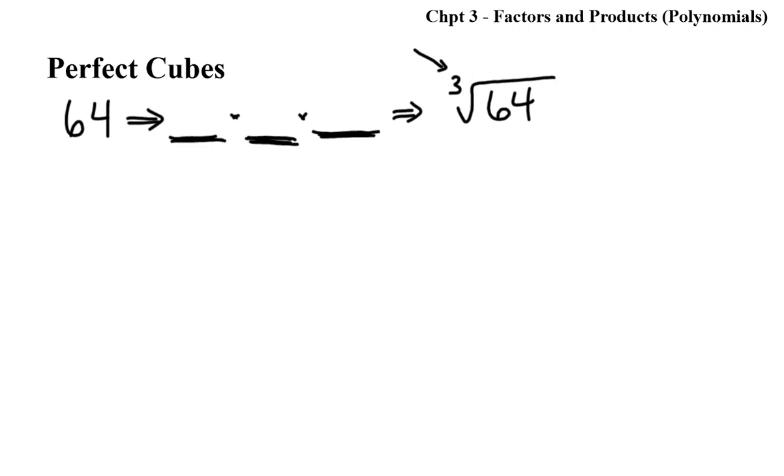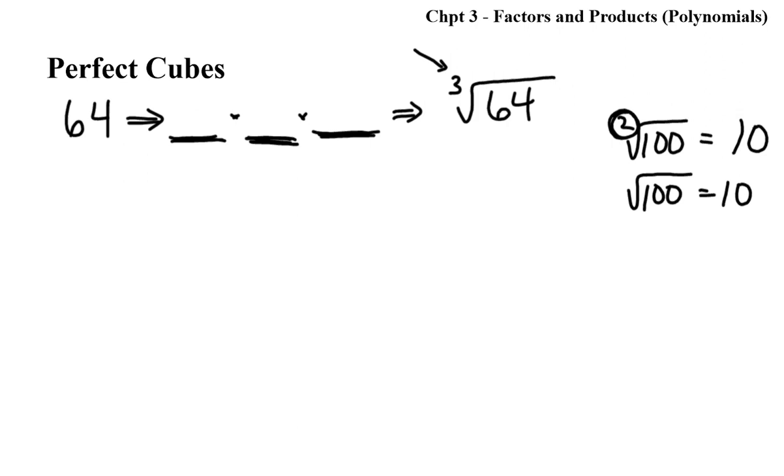A little bit different. When we have square roots of things, if I want the square root of 100, what times itself equals 100? Well, that's 10. The 2, we don't put that little 2 out front. It's just assumed to be there for square roots. But any other kind of root, we need to include, and this is referred to as the index.